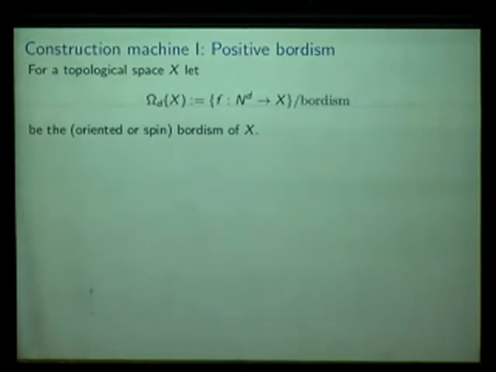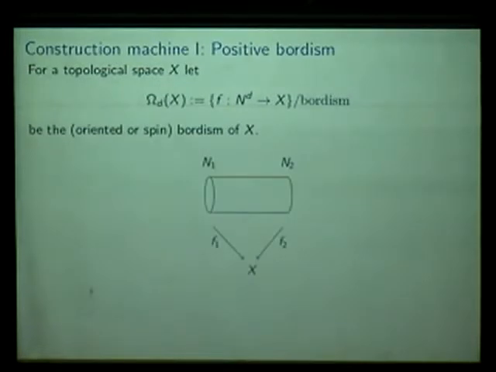Let me recall one important construction principle that has been very influential and very efficient and which is also basic for the existence results of Gromov-Lawson and Stolz. Namely, this is the connection to bordism theory. For an arbitrary topological space X, let me recall what I mean by that. This is a group, and the elements in that group are given by maps from some smooth closed n-manifold N to X, and we divide out the bordism relation.